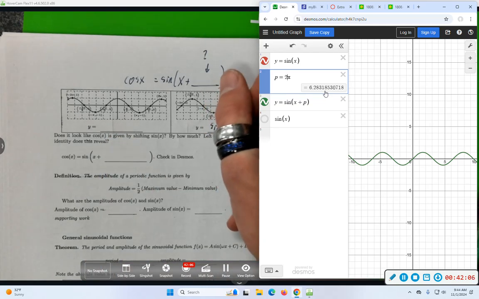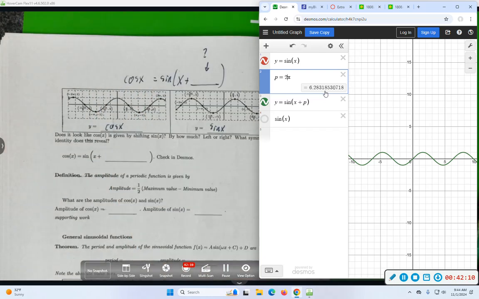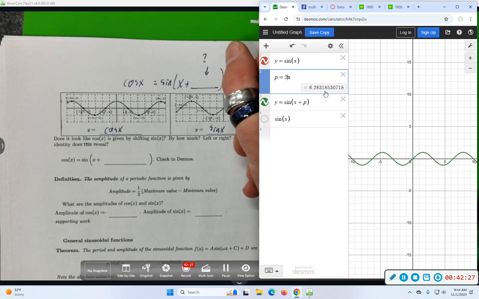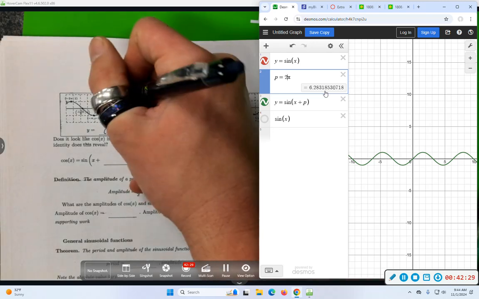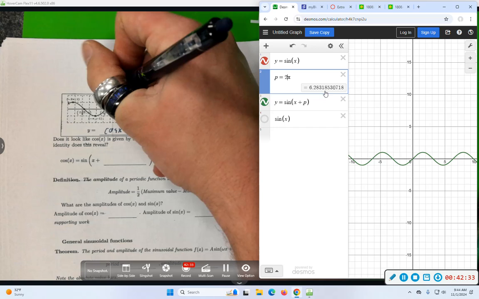There's the graph of sine of x, there's the graph of cosine of x. By looking at the graph of sine of x, how far to the left does it look like I need to shift that to get the graph of cosine? I guess we should just try to match up some points. So how far would I need to go to get some peaks to line up? There's a peak, there's another peak that's pretty close. What's the address of this peak?